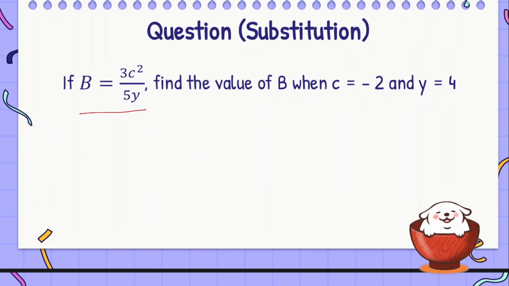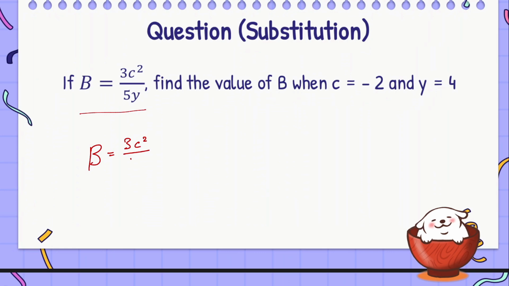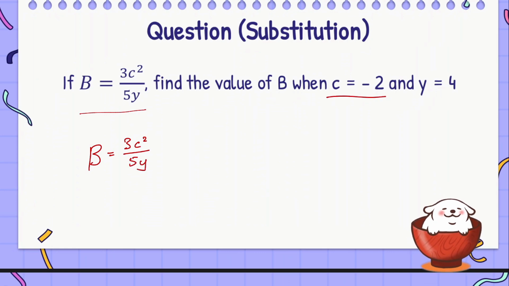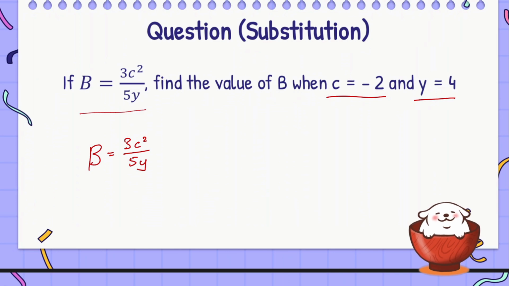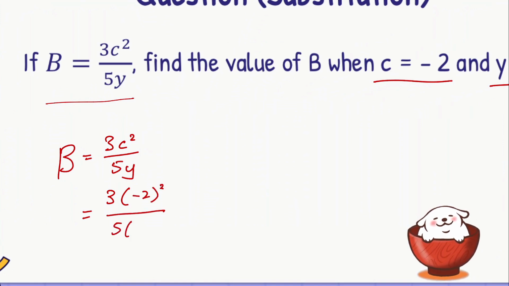The first step is to copy down the equation. Next, we know that the value of c is -2 and the value of y is 4, so our next step is to substitute in the relevant values.